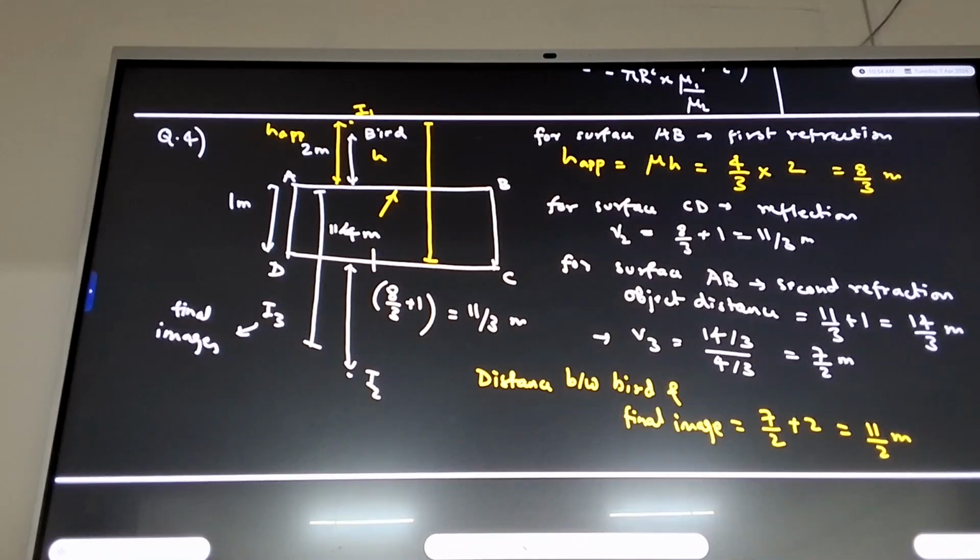Very easy. I think all the previous questions were fairly easy. Only this was a little troublesome.